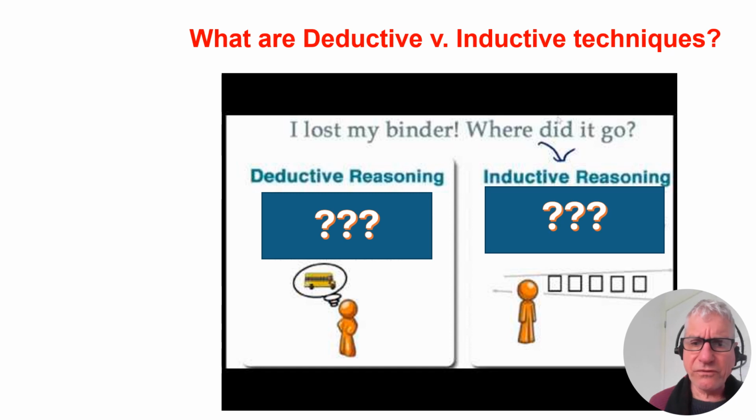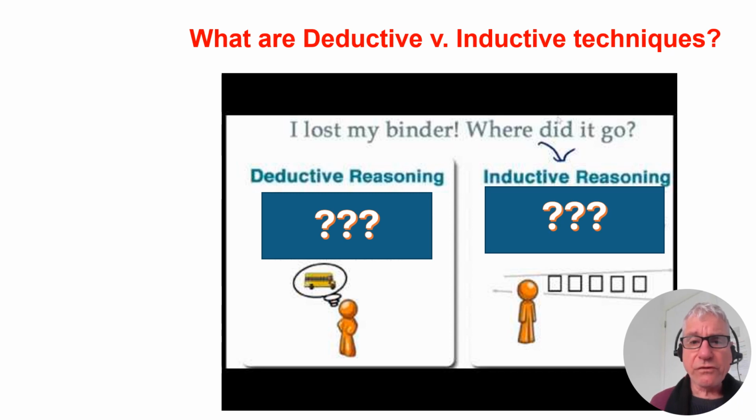So it's difficult sometimes for people to understand these different ways of approaching the overall problem. So this is an example. Imagine that you've lost your binder, your folder, and you're saying, where did it go?